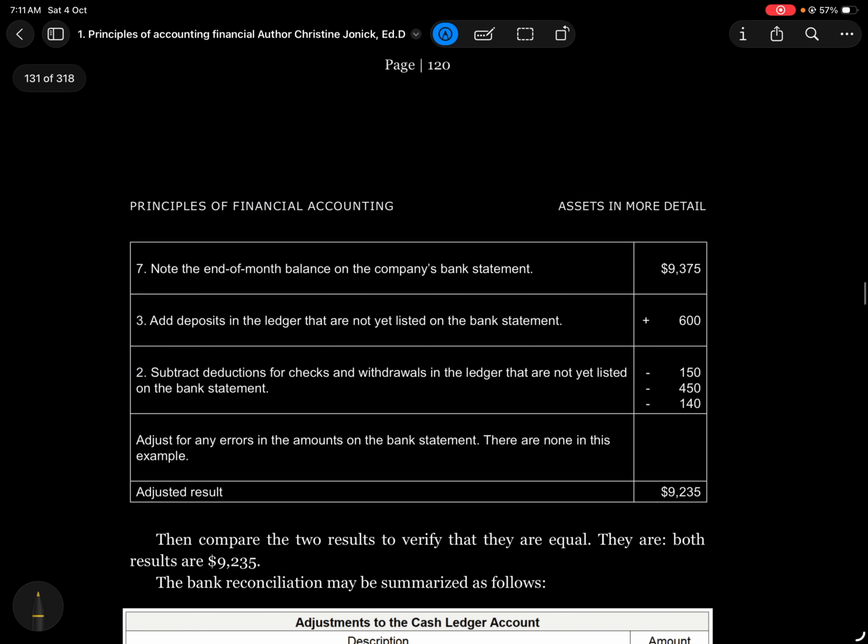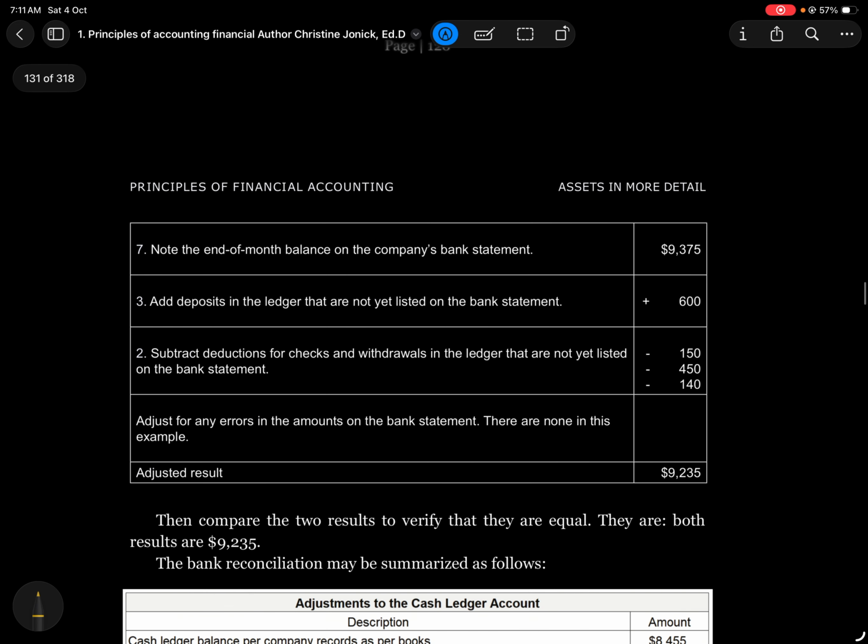Similarly, on the bank side, let's say you've got this much bank balance, and the deposits are not showing up yet. In that scenario, we will add them.